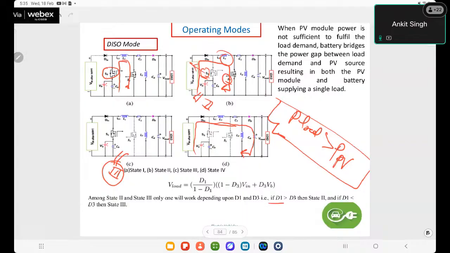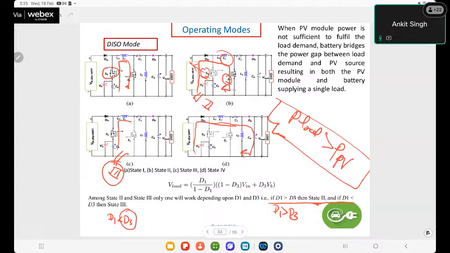I have shown here: if D1 is greater than D3, state 2 will take place. If D1 is less than D3, then this picture will come into the picture.